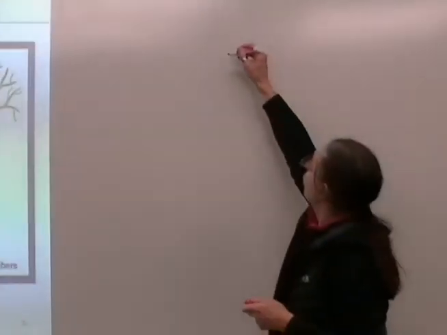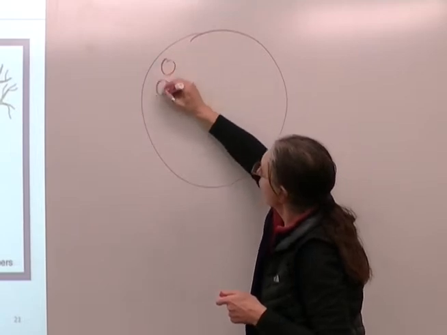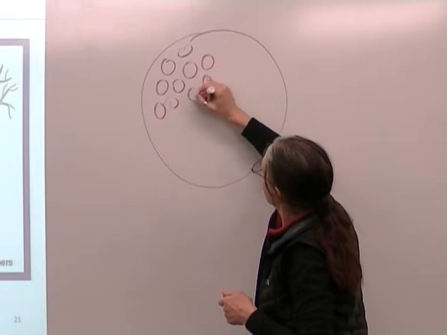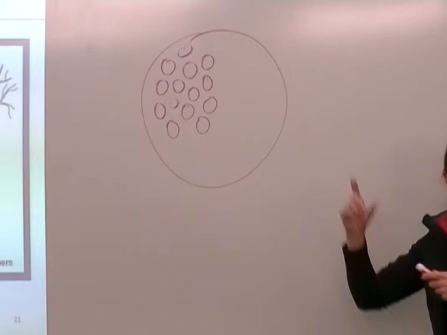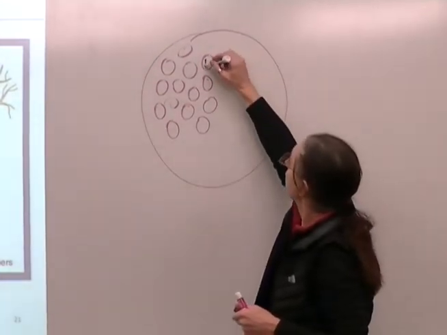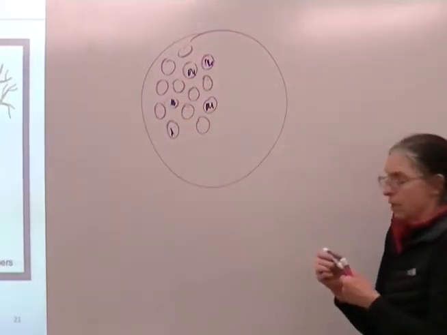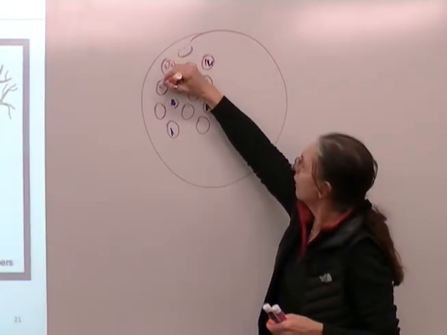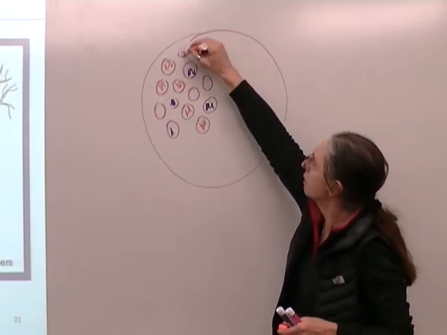So, when I take a cross-section of a muscle, and I can see all these muscle fibers in the muscle, right? Some of these muscle fibers are type 1. Okay? And some of these muscle fibers are type 2. And then some of them are going to be type 2As, some of them are going to be type 2Xs.